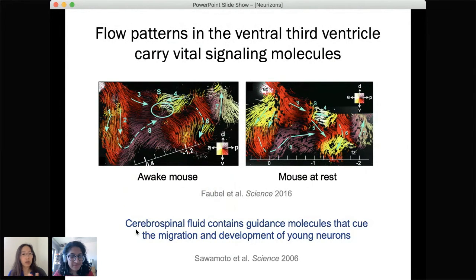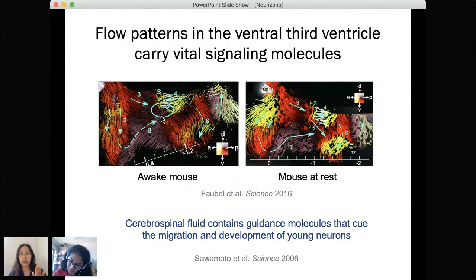We actually started to look at this problem because there has been very nice work in the collaboration between my institute, the Max Planck Dynamical Systems, and our neighboring institute next door, MPI-BPC, who are kindly organizing this wonderful event. They have been looking in the brain ventricles of mice, slicing them open, and they find very complex flow patterns, which may even change depending on the physiological state of the mouse.